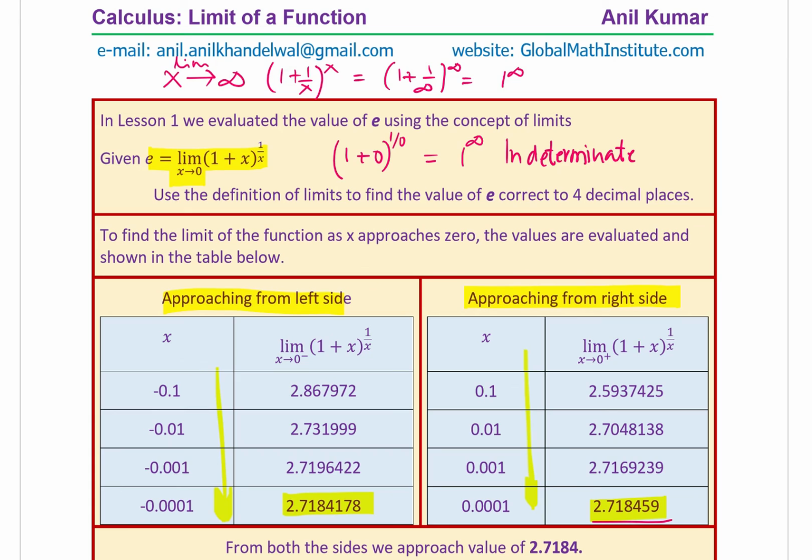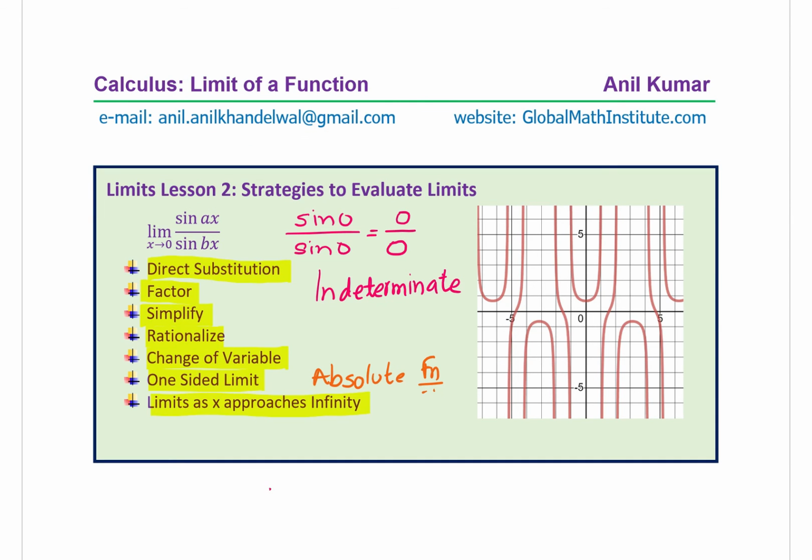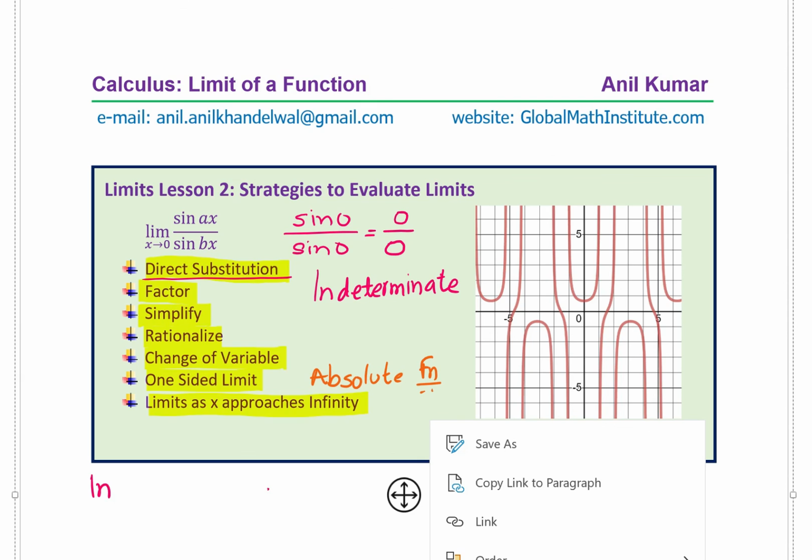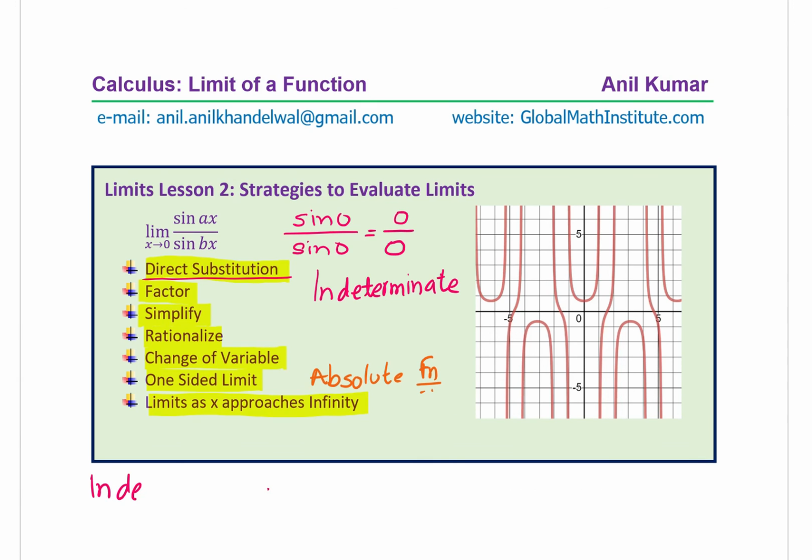So we began with our lesson right here. I'll conclude by saying that you normally should directly substitute and check your result. But when you do the substitution, you may get indeterminate forms. So what are these indeterminate forms?